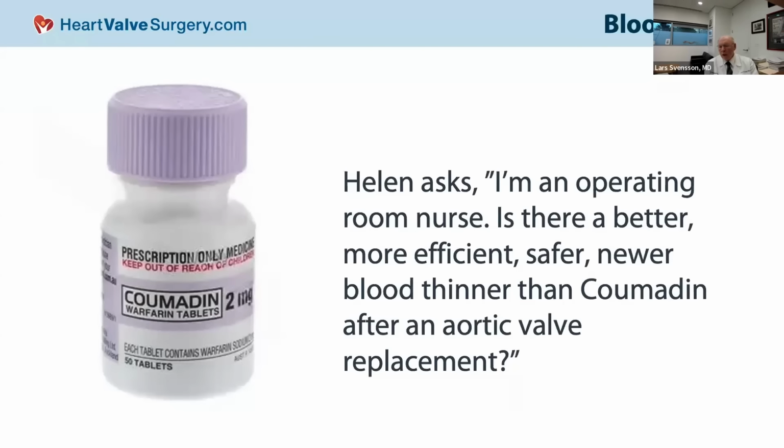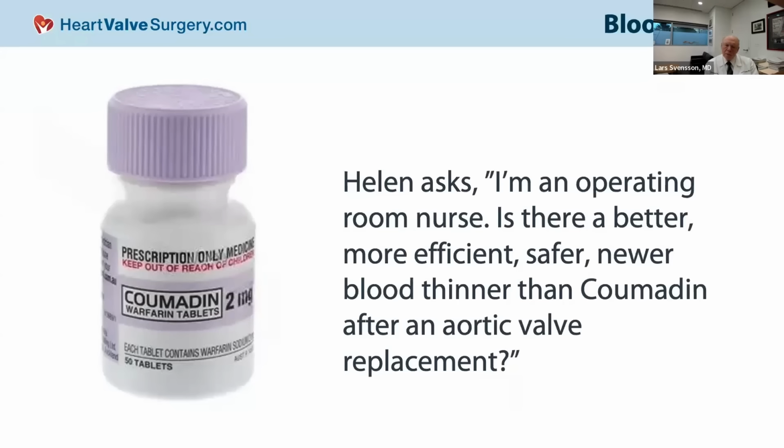And so we randomized patients to either Coumadin or the non-Coumadin, one of the new medications. And unfortunately, we had to stop the trial early. Our safety committee found that we had a greater risk of stroke in the patients who did not have Coumadin.